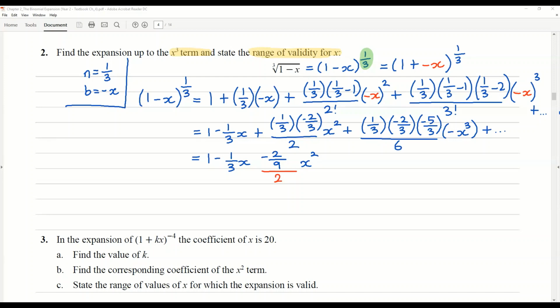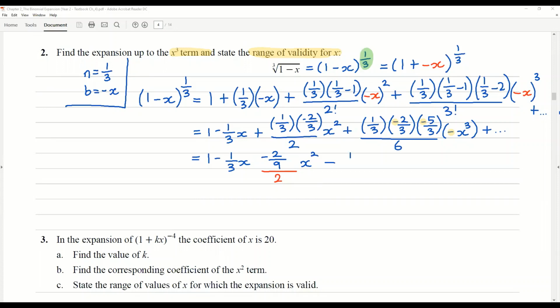Next up, we have negative. Let me just show you what I mean. You can't see me waving my hand around. We have a negative, and another negative. So this is going to be a negative term. So I'll put that in first. And then we have 1 multiplied by 2 multiplied by 5.